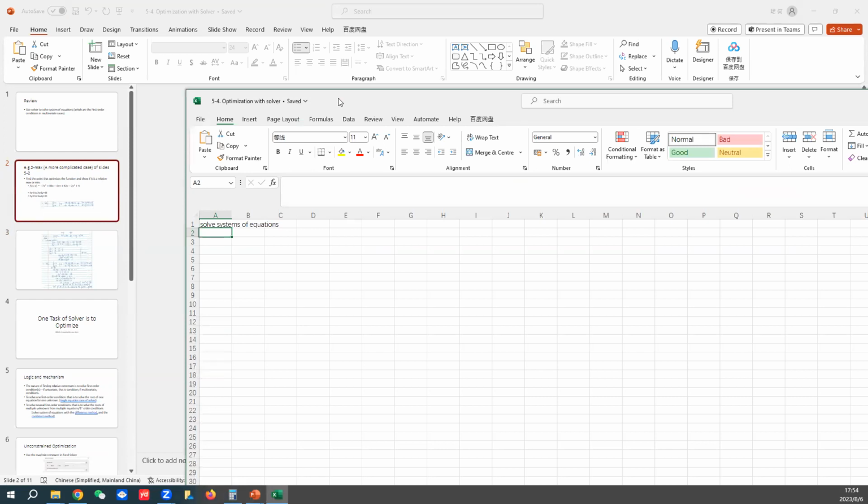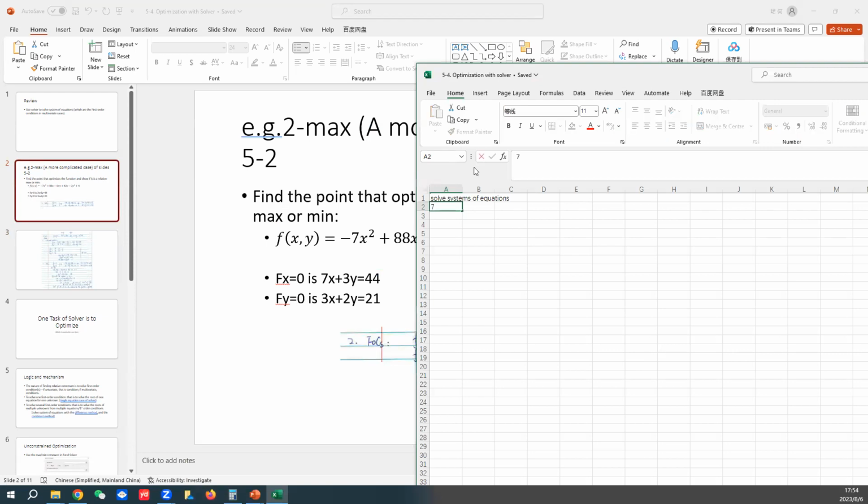So here we have 7x plus 3y equals 44. And the second one is 3x plus 2y equals 21. So we have these two. Then what we are going to do is we have x, we have y.